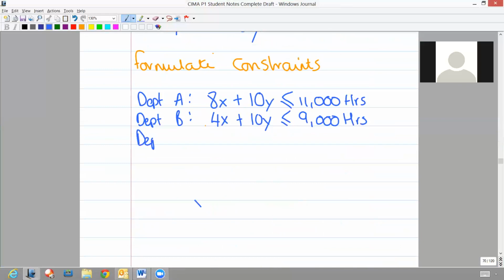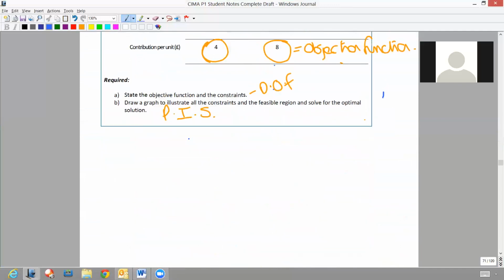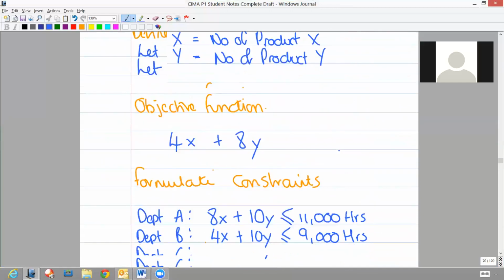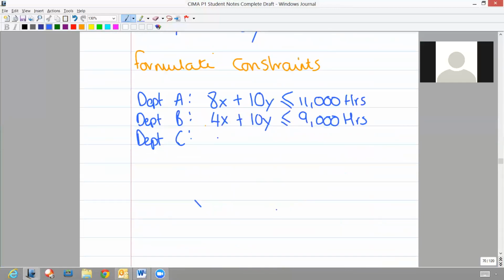Finally then, we've got one more constraint. We've got Department C, and Department C needs 12 for every x, 6 for every y, and a maximum of 12,000. So we've got 12 of x, 6 of y, equal to or less than 12,000 hours.